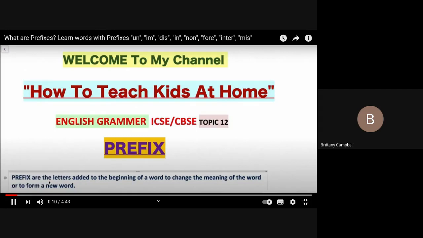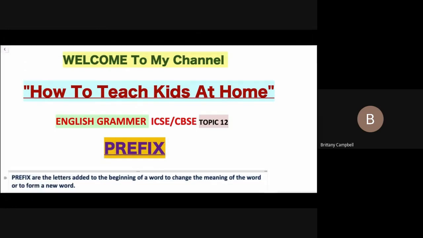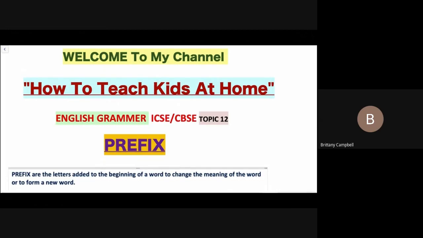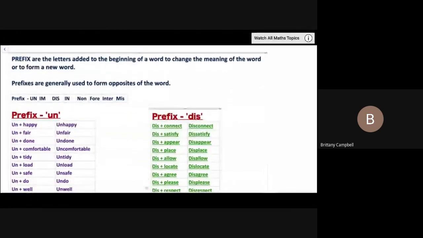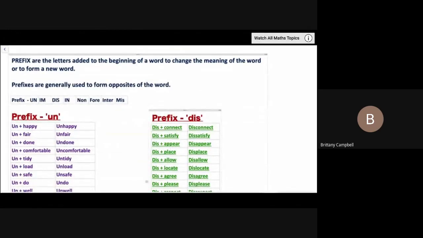So now let's begin topic 12, prefix. What are prefix? Prefix are the letters added to the beginning of the word to change the meaning of the word or to form a new word. So for example, the word is happy, and if I add the prefix un to the beginning of this word, it will become unhappy.